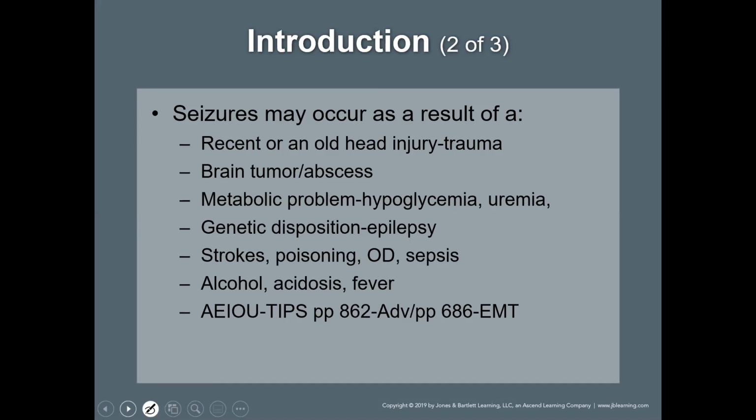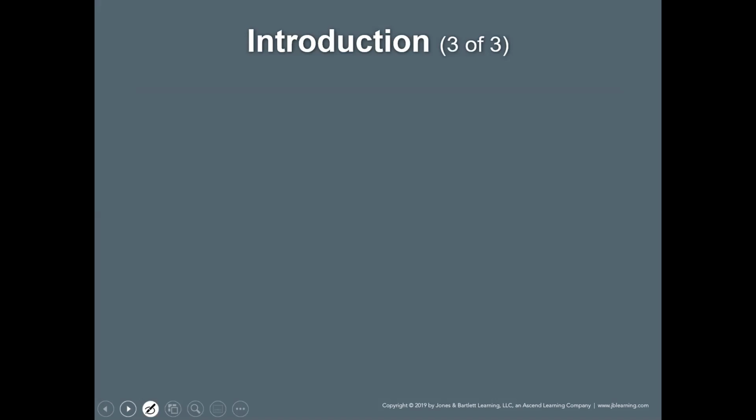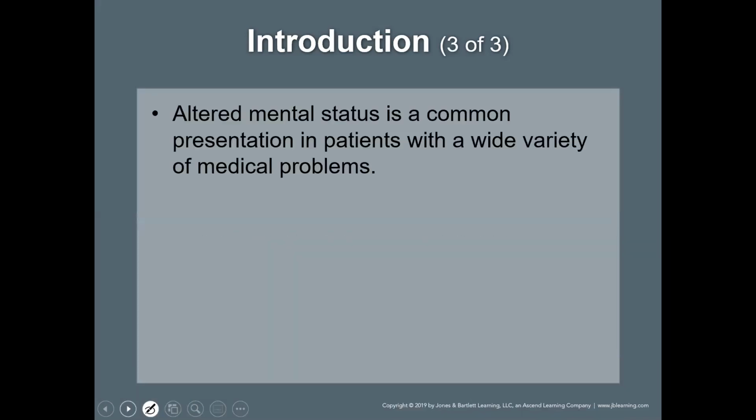In your advanced book that is found on page 862, and in the basic book, the AEIOU tips is found on 686. This is not only for seizures, but for causes of altered mental status, which we're going to talk about right now. Altered mental status is a pretty common presentation.